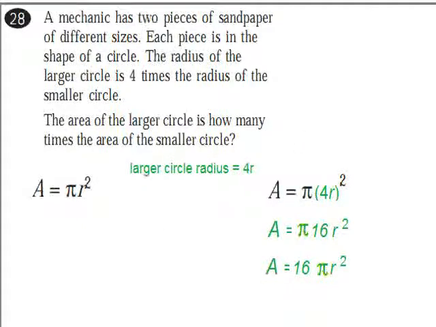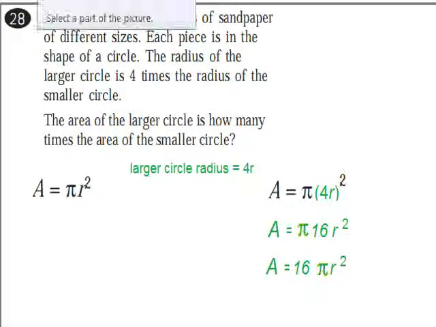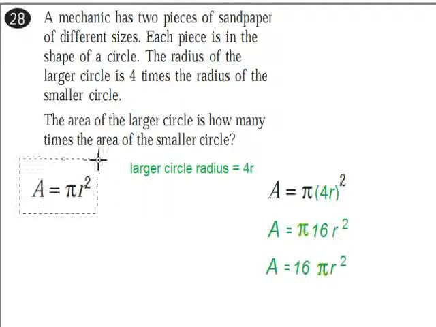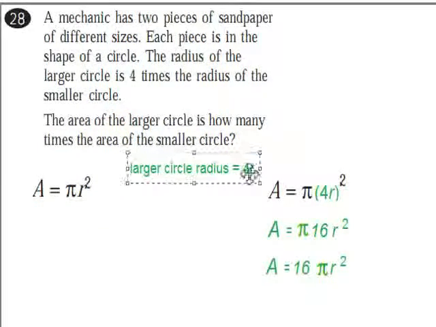If you look in the back page of your MCAS, or the formula sheet of the MCAS, they give you this equation, right? The area of a circle. Area equals pi times the radius squared. So the radius of the larger circle now is going to be 4 times r, right?